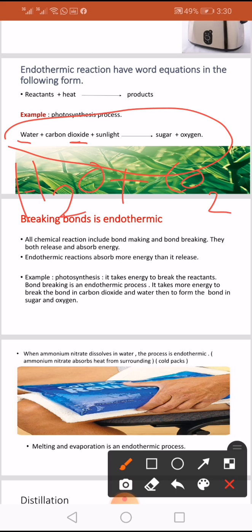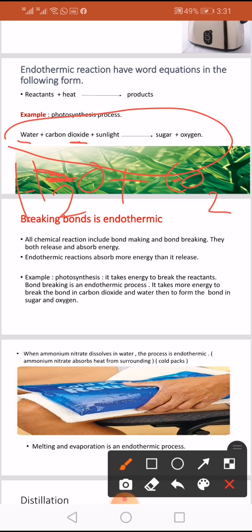in the presence of sunlight, or when the plant absorbs sunlight, or absorbs energy from sunlight, or absorbs heat, what happens? This energy will be used to break this bond, to break the bond between hydrogen and oxygen, and break the bond between carbon and oxygen to form a product.